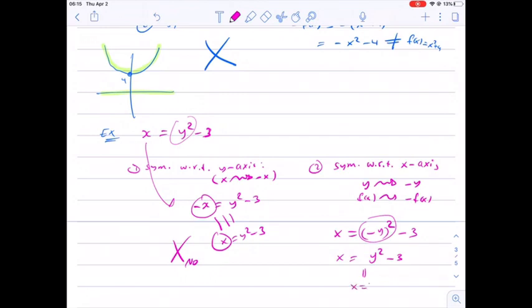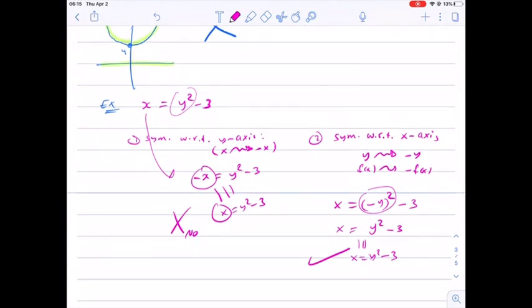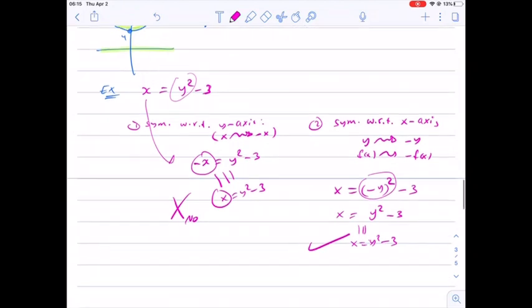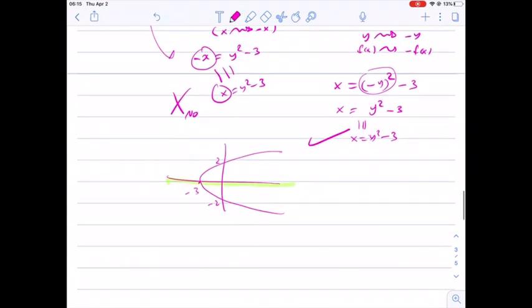But this is equivalent to the original equation. That means yes, we have symmetry about the x-axis. And if we graph this function, the graph looks like this. As we can see, there is symmetry about the x-axis, but we don't have symmetry about the y-axis.